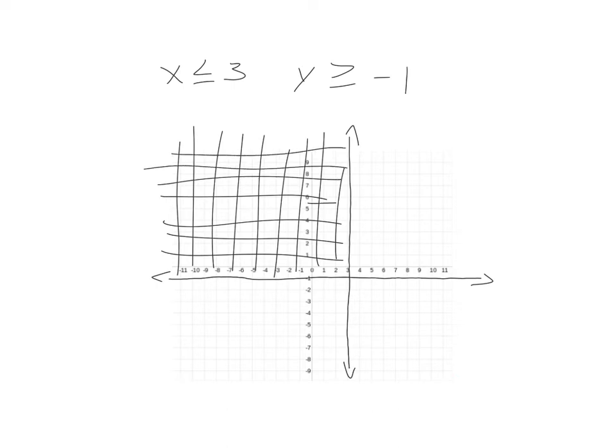Cross-hatch this best I can. And so that region there, of course it continues, but that's the region that we can see right now. Let's make these go all the way down to y equals -1. So anything in that region will satisfy both inequalities.